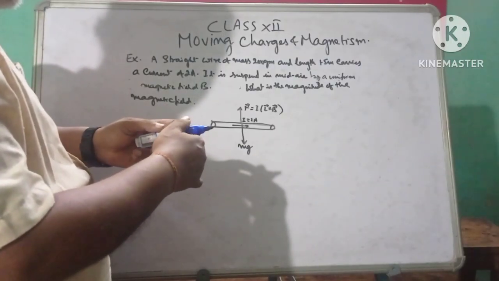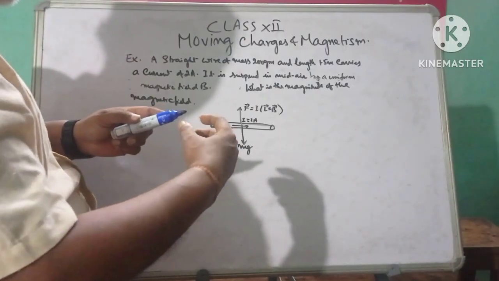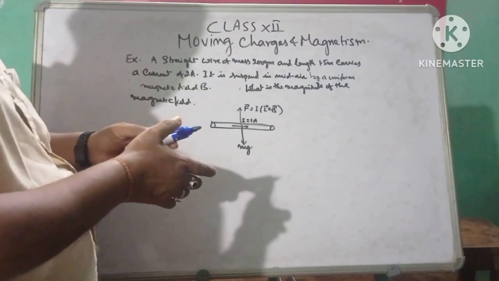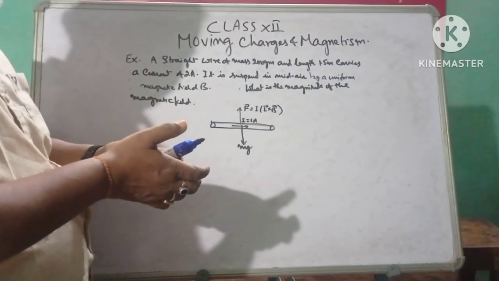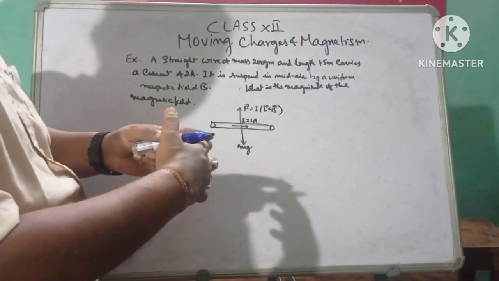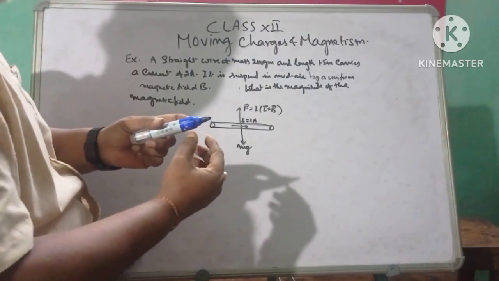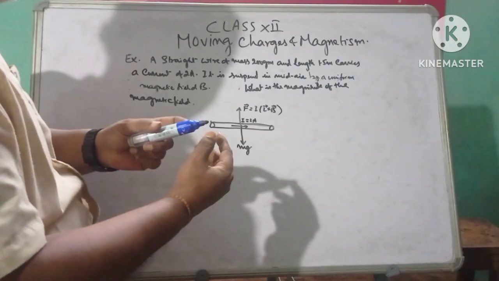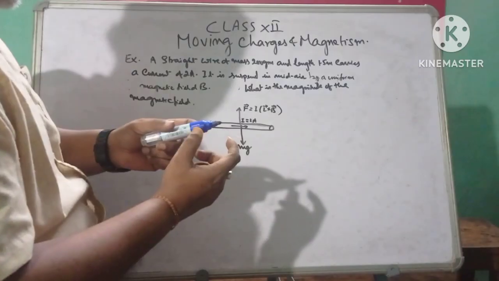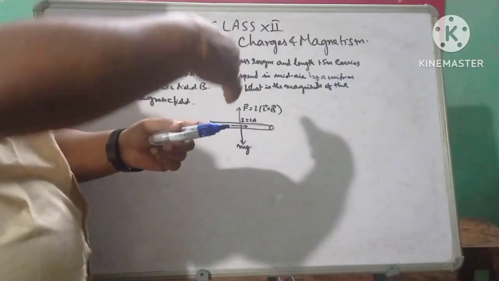So L cross B, this is your L, and this is your magnetic field. Here you see, moving from L to B, you take it like this.